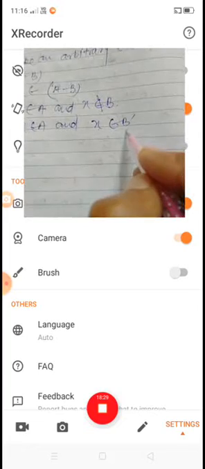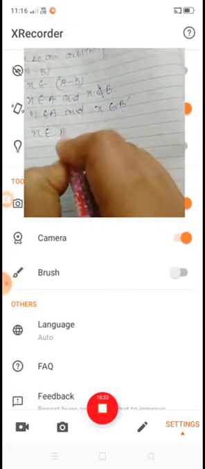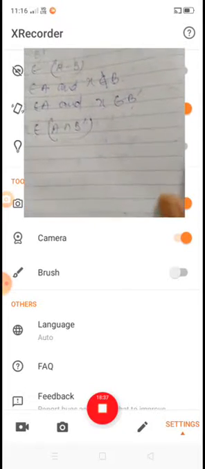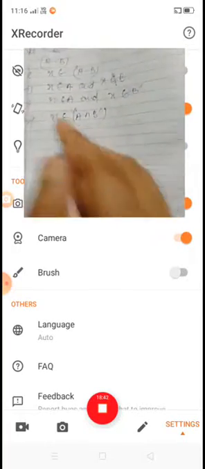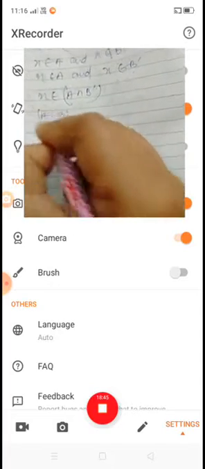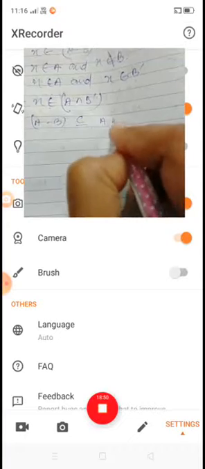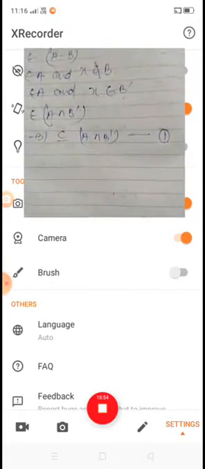So we can write x belongs to A intersection B dash, that is, A minus B is a subset of A intersection B dash. Take equation number first.